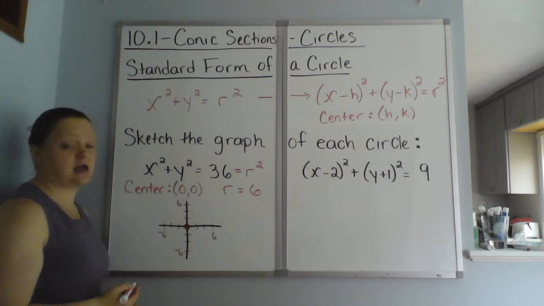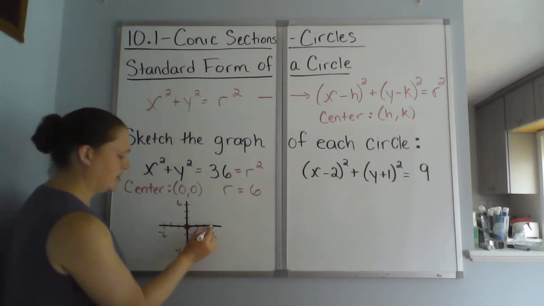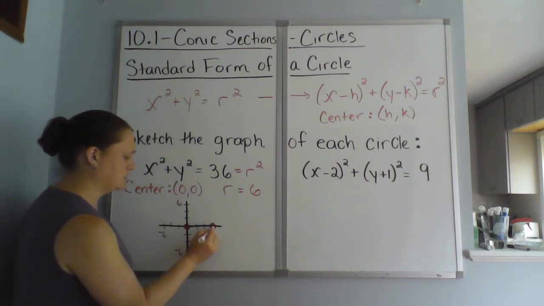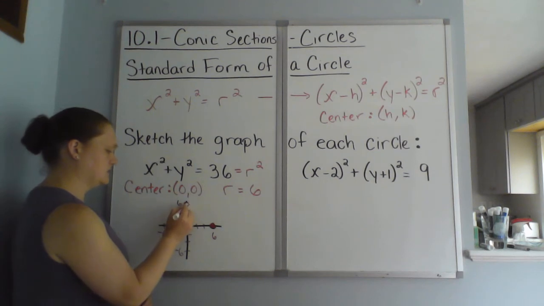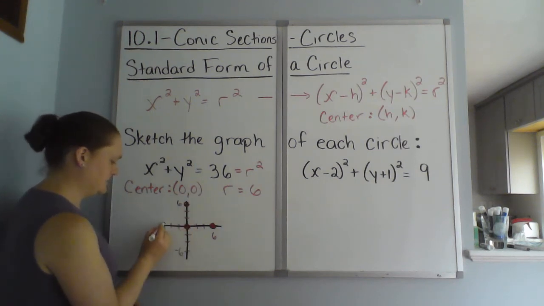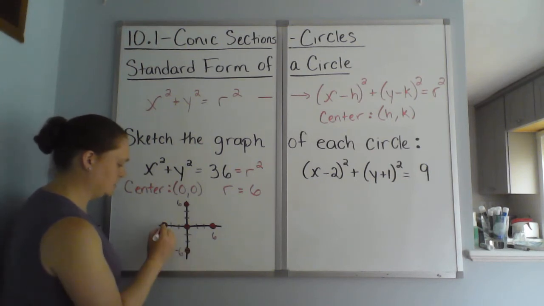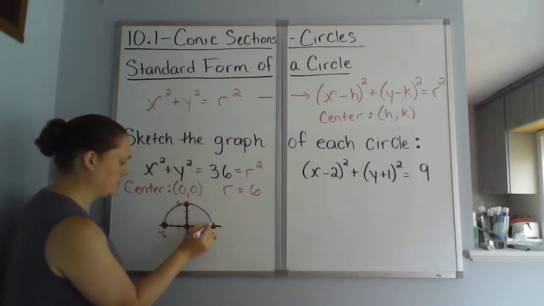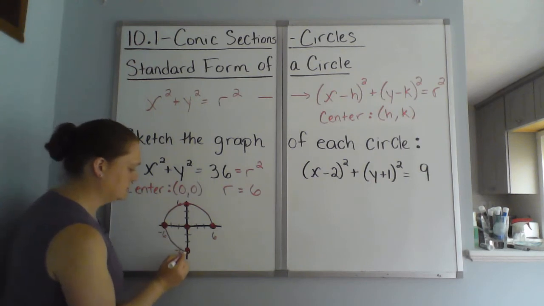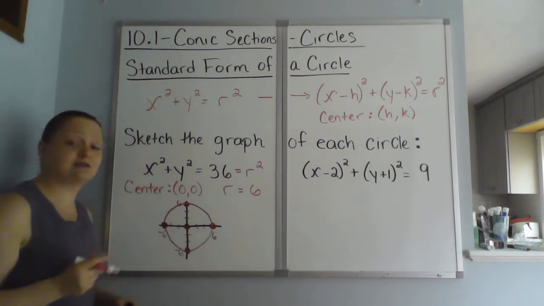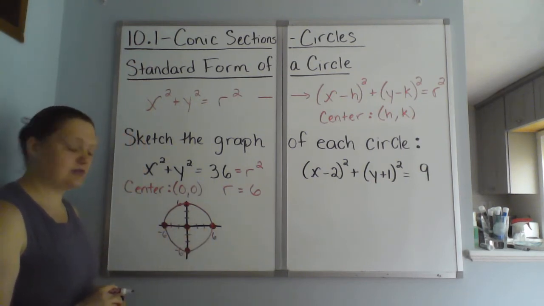You can use any scaling that you want. But I'm going to have a point at 6, 0, 0, 6, negative 6, 0, and 0, negative 6. Then you just want to do your best to draw a circle going through those points. Some of you are going to be better at drawing these freehand than others, and that's fine.